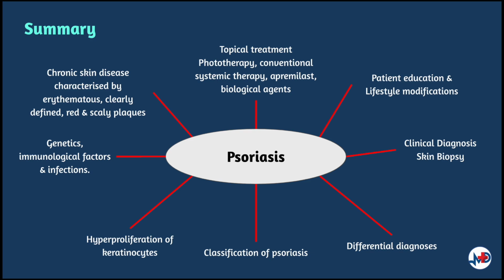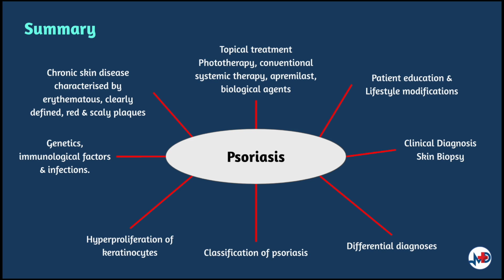Clinical manifestations of psoriasis depend on the type of psoriasis seen. There are various differential diagnoses to consider when you think of psoriasis. Diagnostic-wise, psoriasis is mainly diagnosed clinically, but a skin biopsy can be done if the diagnosis is in doubt. And in terms of management, there are non-pharmacological and pharmacological treatment.